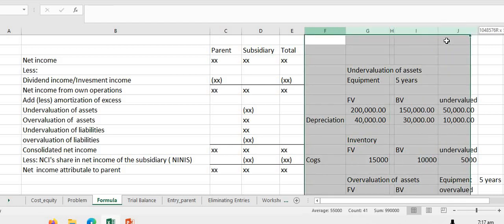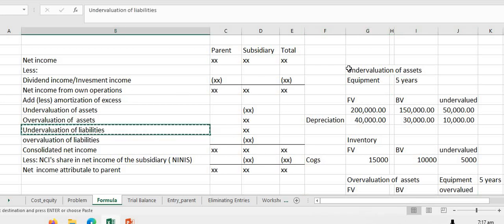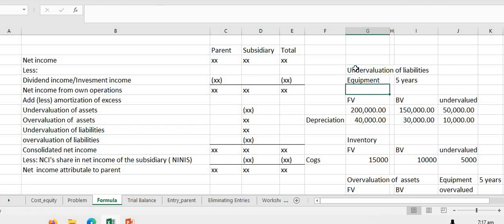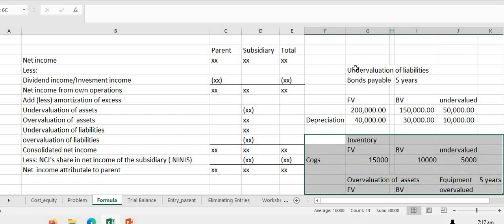Okay, so let's have undervaluation and overvaluation of liabilities. Let's say, for example, bonds payable.